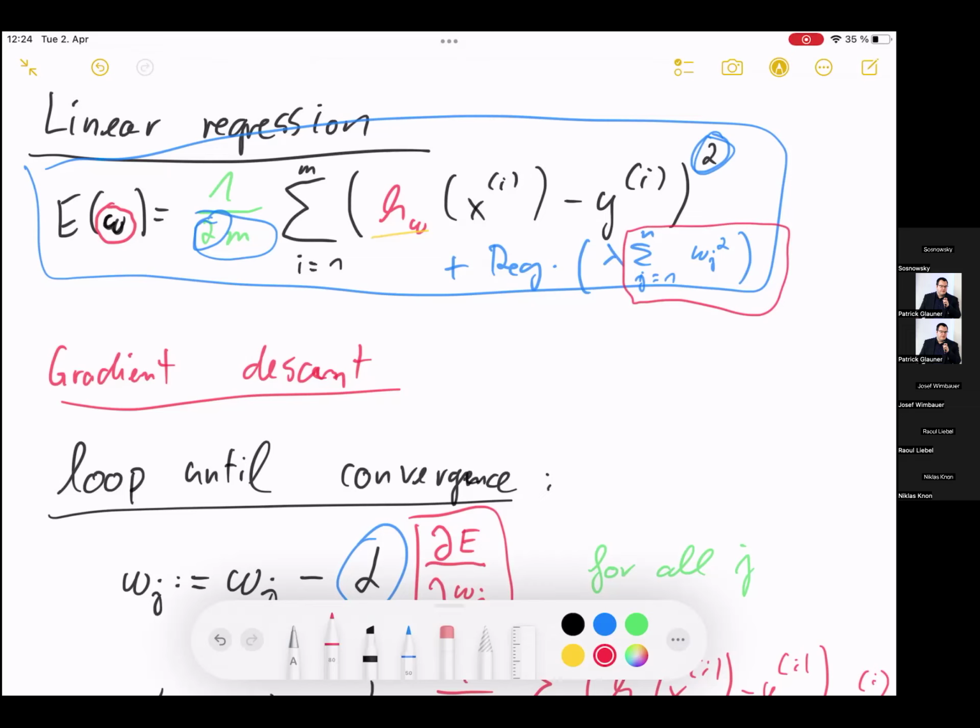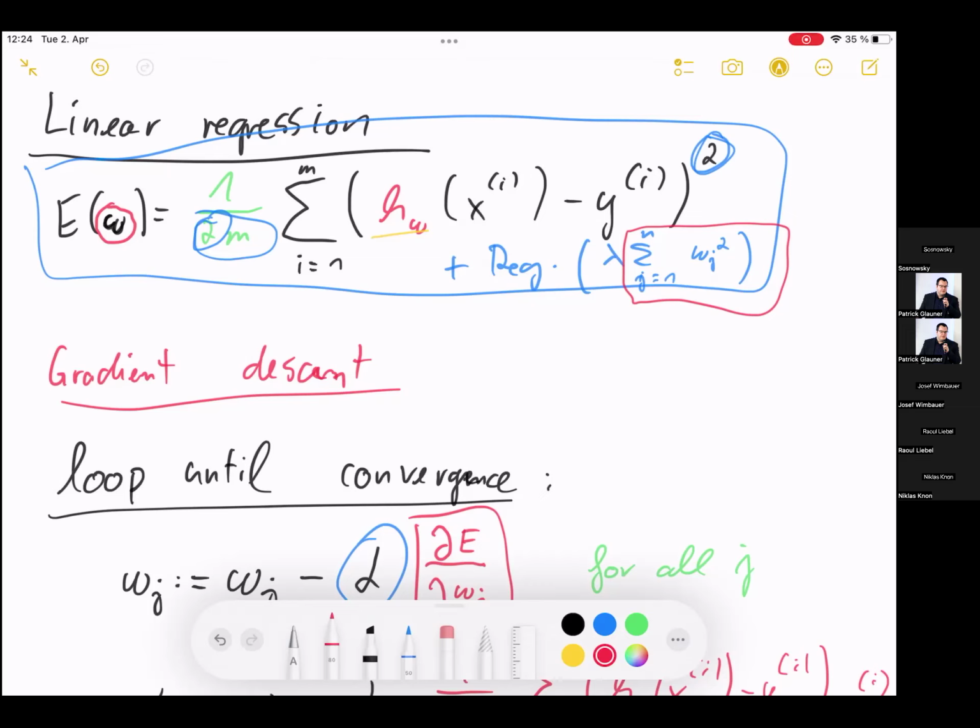So I add this to the error, and that means if I have very large parameter values, then the error goes up quite a lot. And a larger error is something I want to reduce. An understanding in statistics, or in machine learning, is that the model is more likely to overfit if I have very large parameter values. And that's why I sum the parameter values on top.